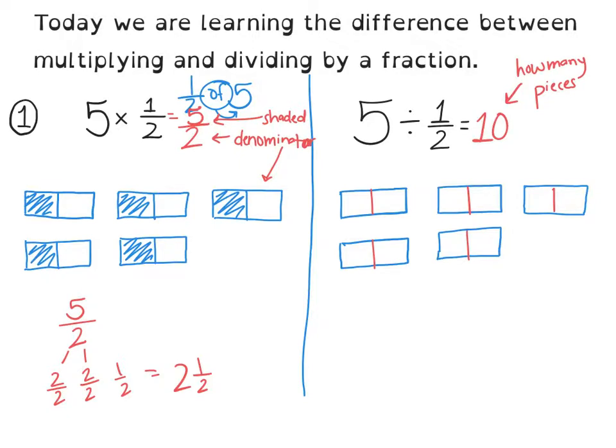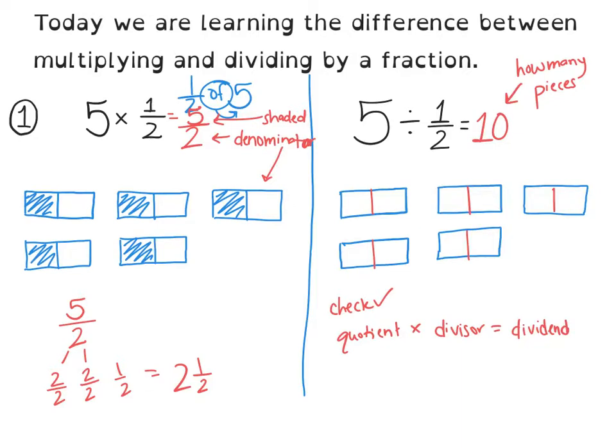Now, make sure to check your answer on a division problem. And we check division with multiplication. So we take our quotient, our answer, and we take the quotient times the divisor equals the dividend. Make sure you're writing all of this down.